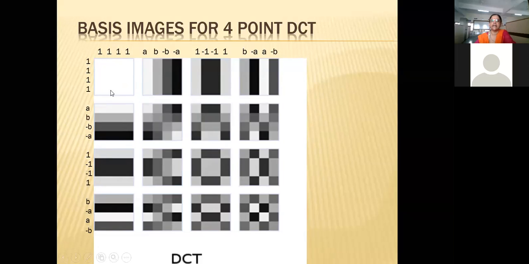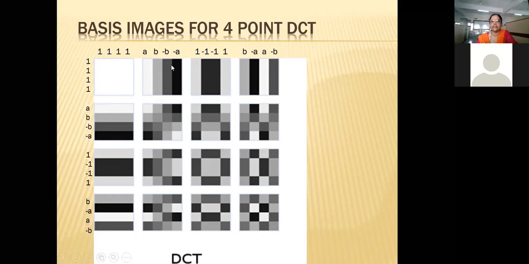So it represents the average of all your pixel values, or a signal with zero frequency. We can call this the DC coefficient that we obtain from the very first basis image. So we weight our input image by this basis image to get the very first DCT coefficient.